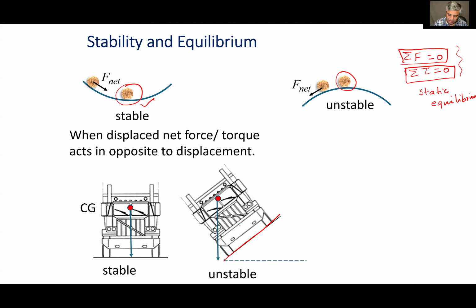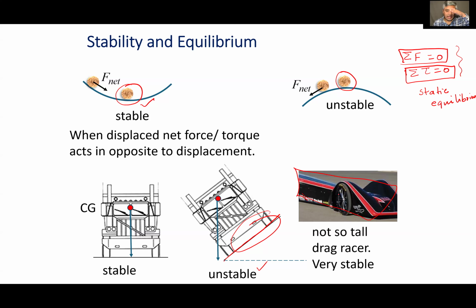So that's the reason these drag racers are not so tall. They want to keep the center of gravity close to the earth, and they want to make the base bigger so that it never goes out of that, even when it's going on a very inclined race track. Okay, so that's the reason.